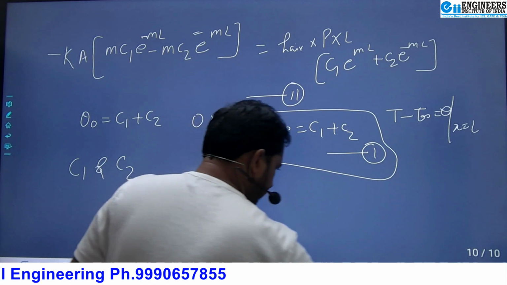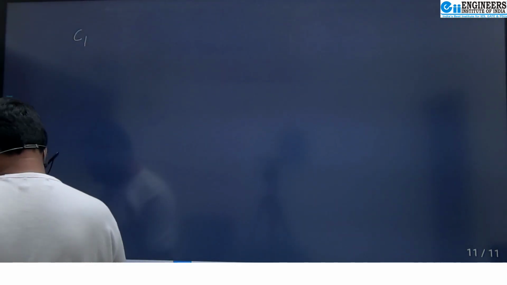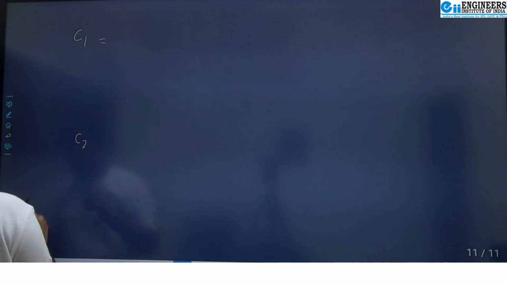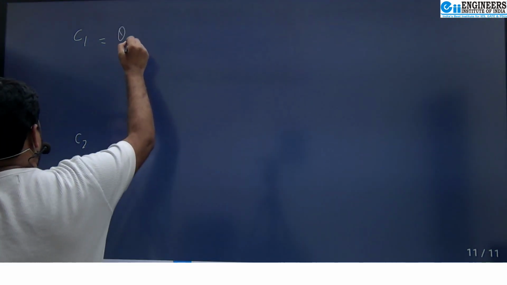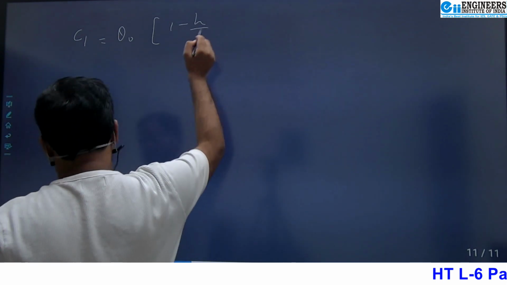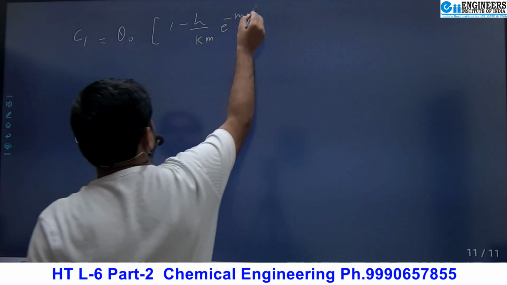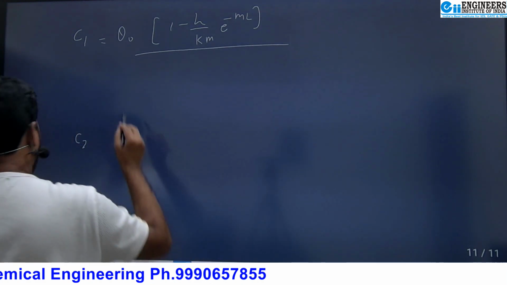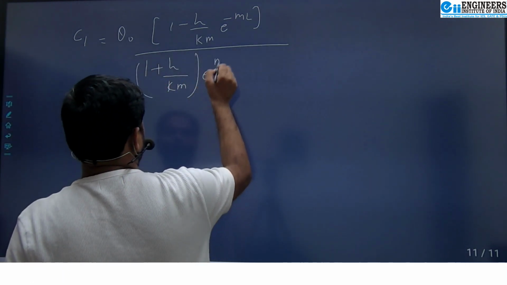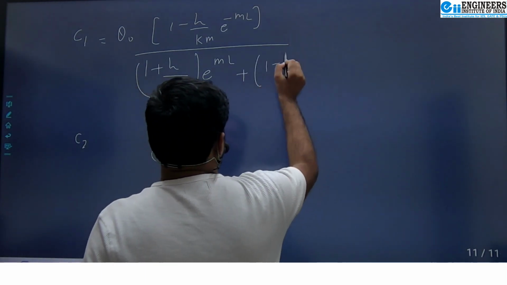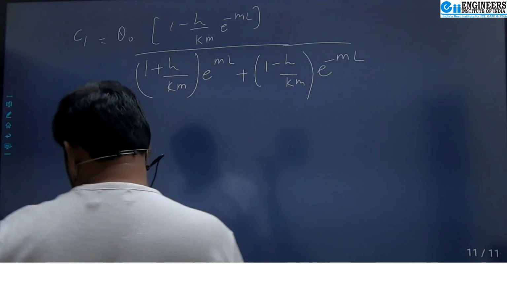If you solve this, you will find that C1 equals, because of the long relation, try it on your own so that you can get this complicated relation, theta naught times (1 minus h by km) e power minus mL, divided by (1 plus h by km) e power mL plus (1 minus h by km) e power minus mL. This is the value of C1.